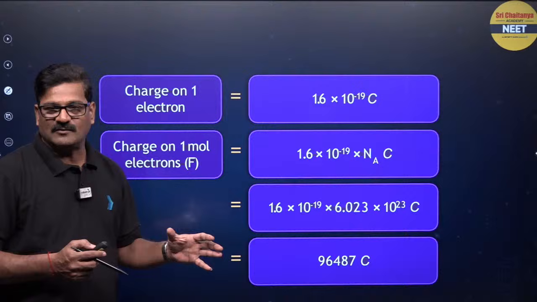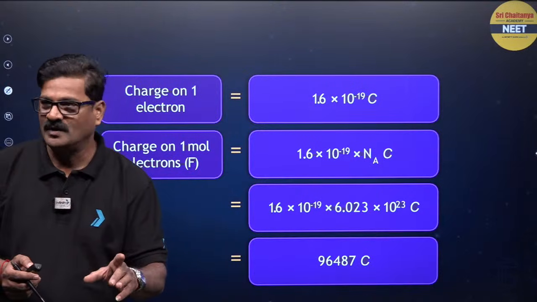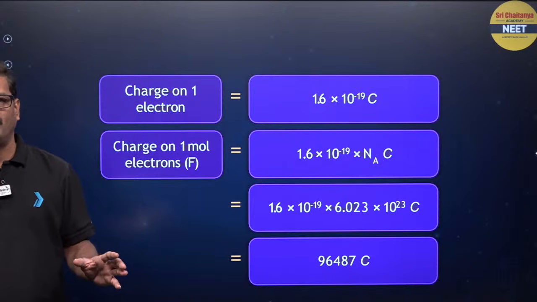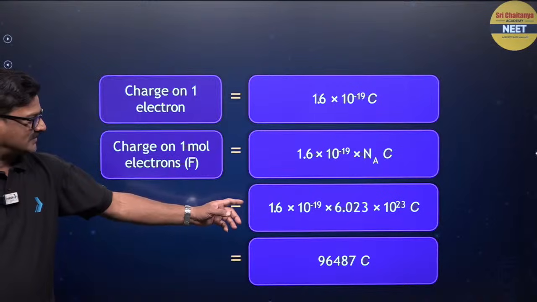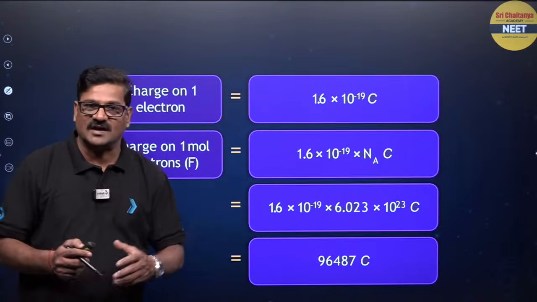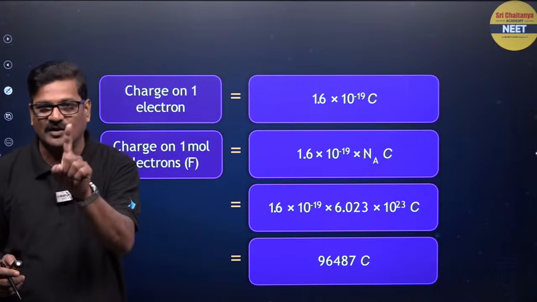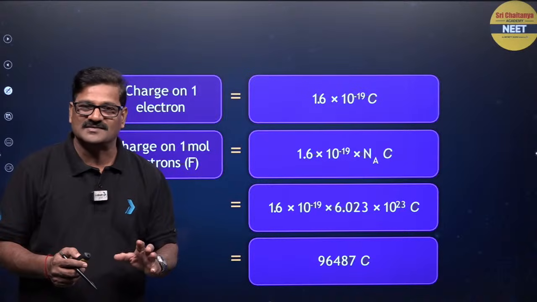Before going for that, I want to say what the unit of Faraday is. Faraday is defined as the charge carried by 1 mole of electrons. 1.6 into 10 raised to minus 19 coulombs is the charge on 1 electron, and 6 into 10 raised to 23 is 1 mole.